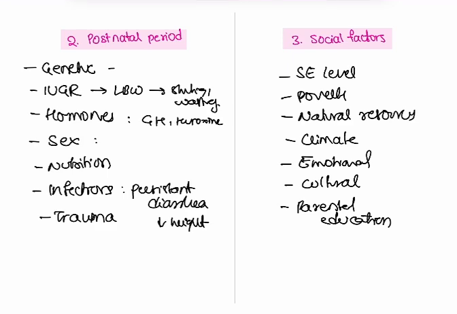A child in poverty goes through hunger, undernutrition, and infections. Climate: growth is higher in spring and low in summer. Emotional factors: a child from broken homes or orphanages does not grow optimally. Cultural factors: there are certain cultural factors regarding child rearing. Parental education: when the mother is educated, there is more health promoting behavior.